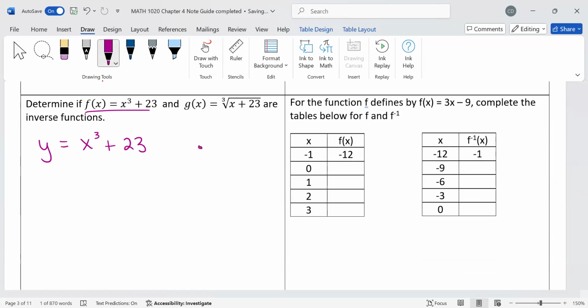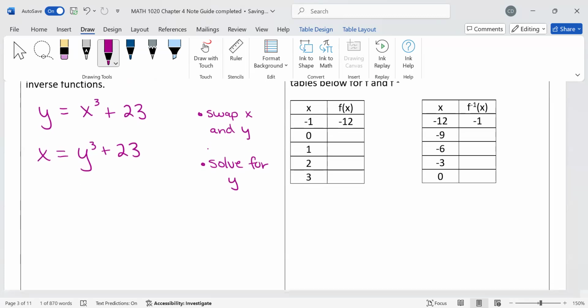So the first thing you want to do is swap x and y, and then solve for y.